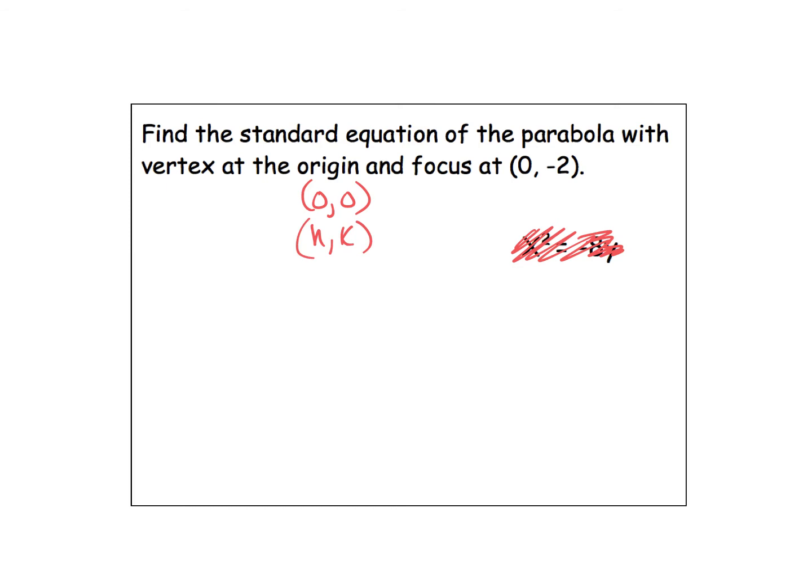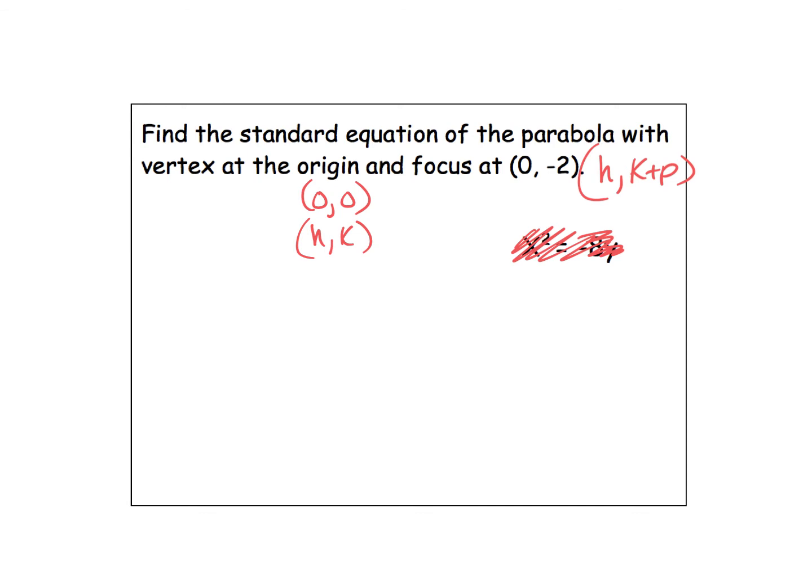Then I take a look at the focus, and I say to myself, what changed, and how do I move to get to that? So the y coordinate changed. I went down 2 units. So that's where my p value is. So this is h, k plus p, or minus p.